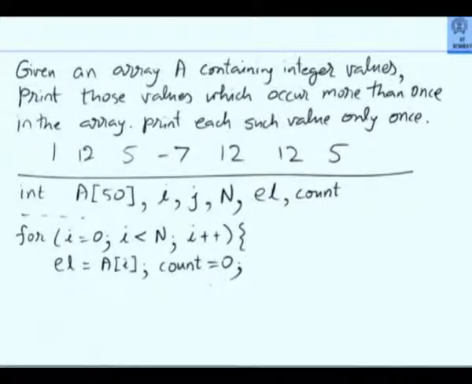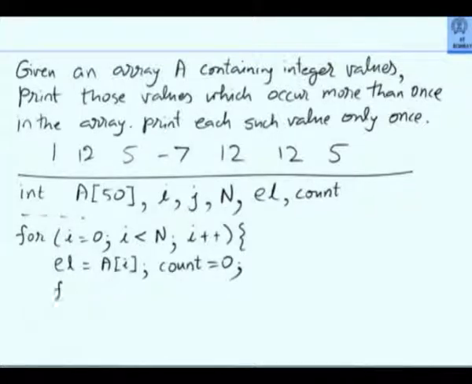So with respect to this element, I want to scan the entire array again. And wherever any element is the same as this, I want to increase the count. So I will set up another iteration which goes through the entire array once again.